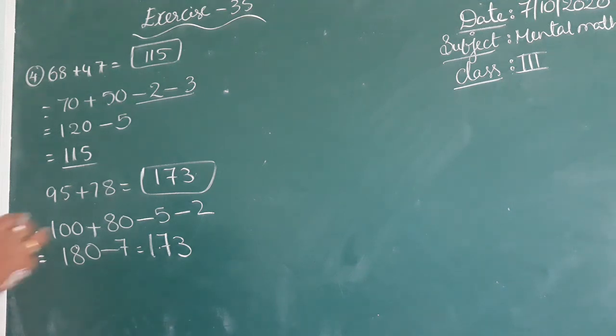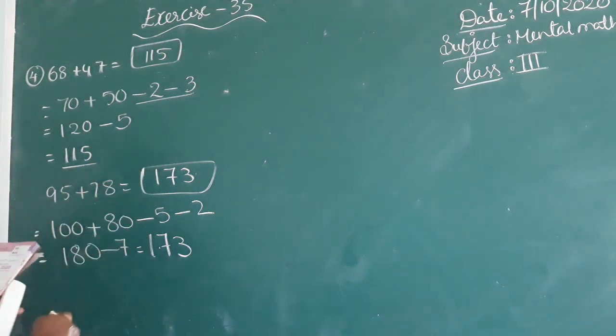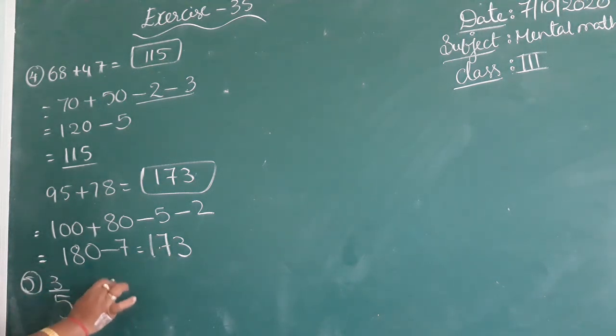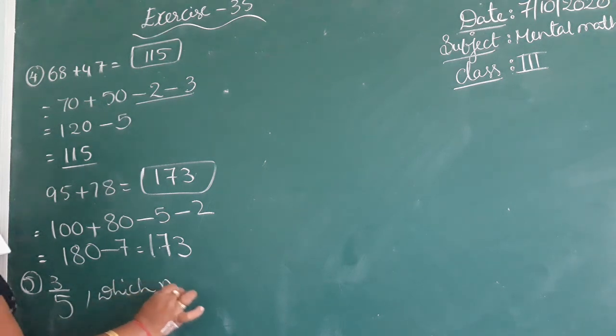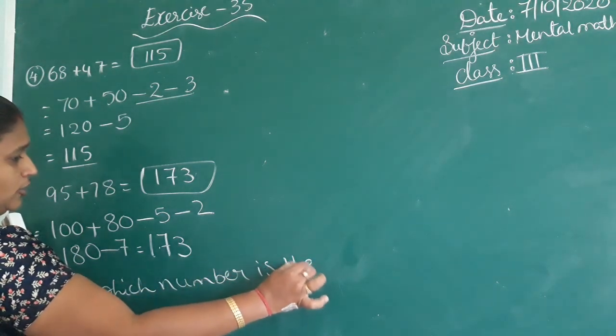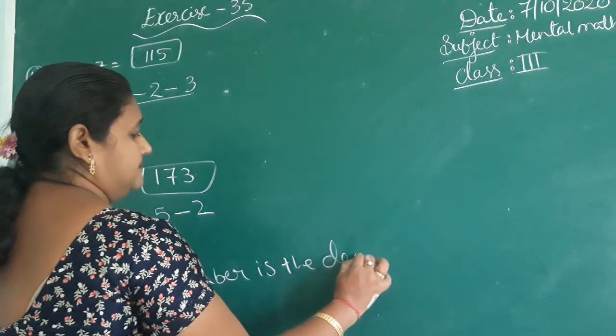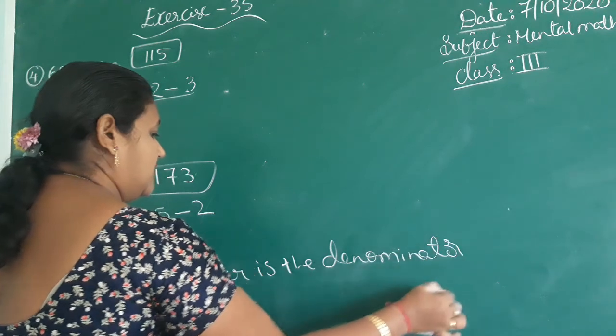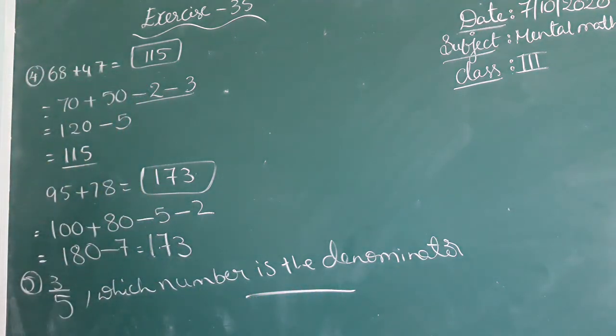So fifth one, in 3 by 5, which number is the denominator? Which number is the denominator, children?